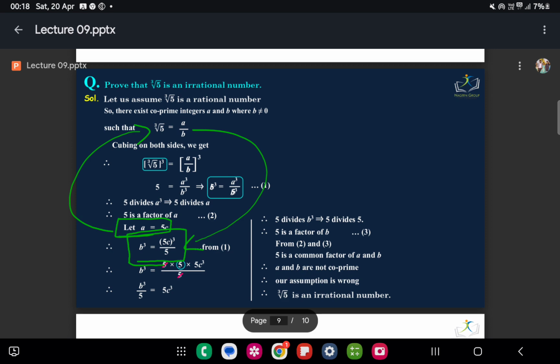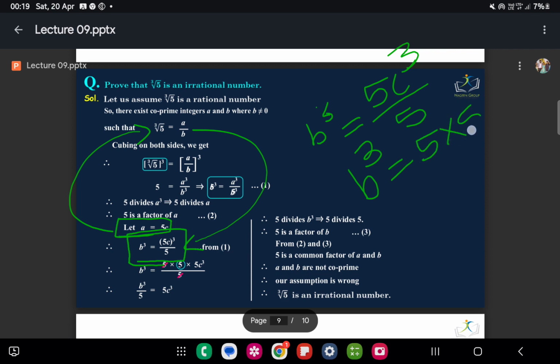So b cube equals 5 into 5 into 5 into c cube divided by 5, because 5 is multiplied three times with c cube.